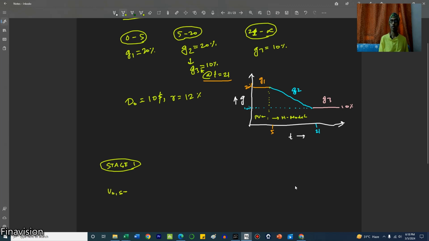V0 stage 1 is given by $10 into 1.2 divided by 1.12 to the power 1, plus 10 into 1.2 square divided by 1.12 to the power 2, and so on up to 10 into 1.2 to the power 5 by 1.12 to the power 5.